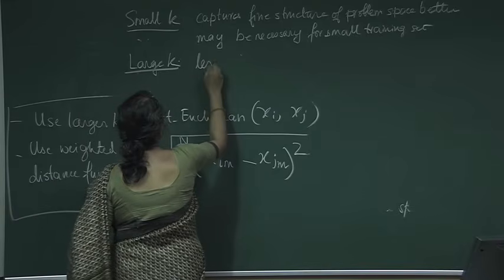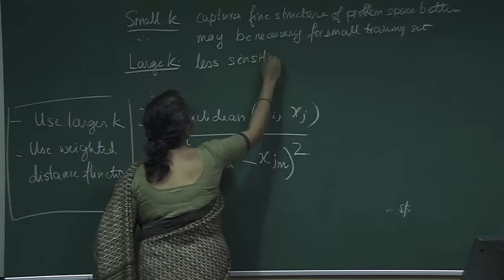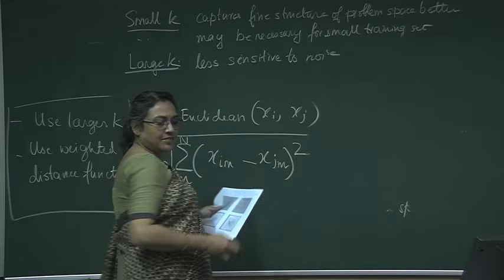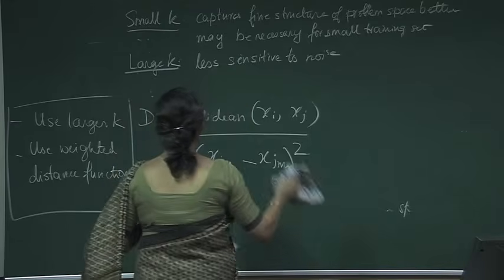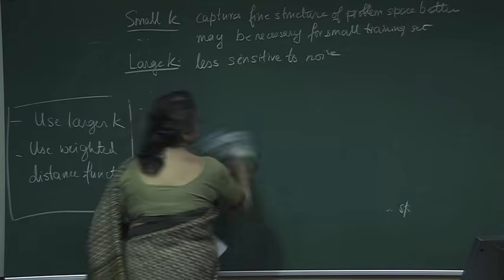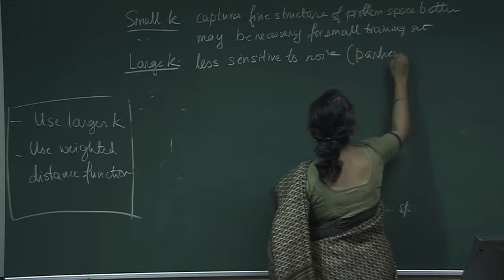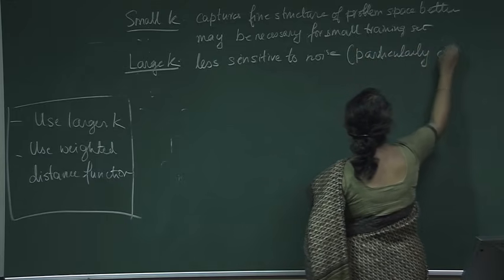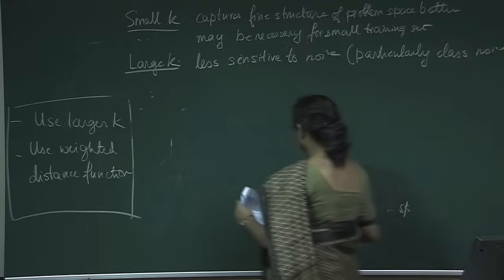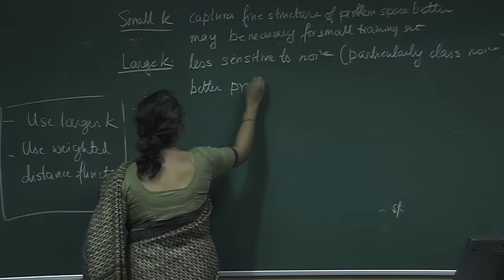When you use large k, the classifier that you get is less sensitive to noise, particularly noise in the output class, so particularly class noise. You get better probability estimates for discrete classes.